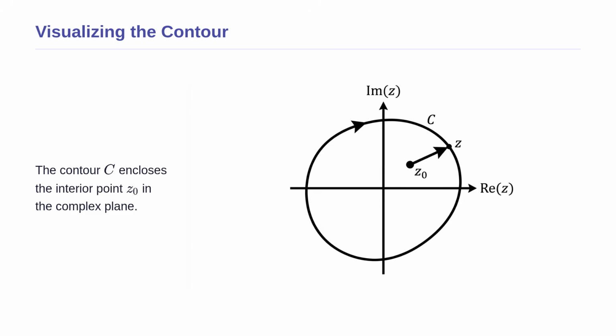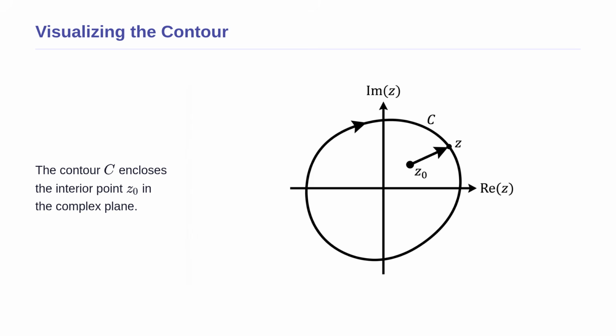Before we move on to using this formula, let us see this with a concrete visual. Here we are looking at the complex plane, with the real axis horizontal and the imaginary axis vertical. The large closed curve you see is our simple closed contour, labeled C. Notice the arrow on the curve indicating a counterclockwise direction, which is the positive sense for our line integral.